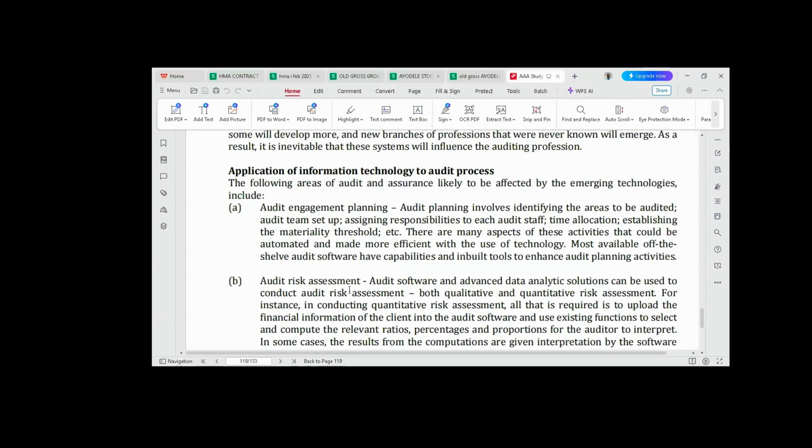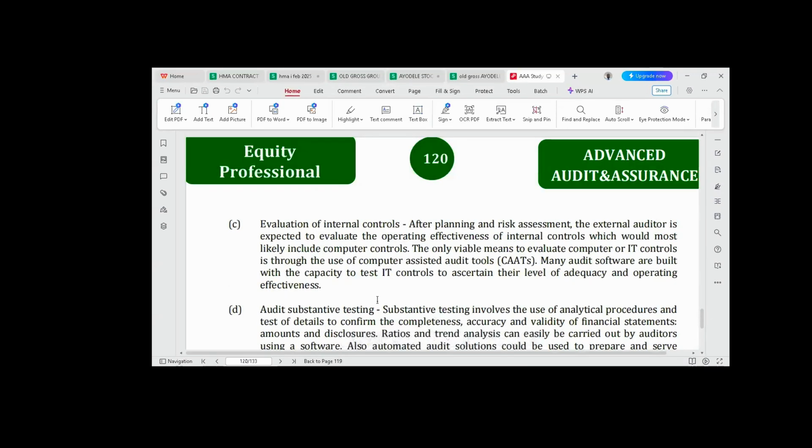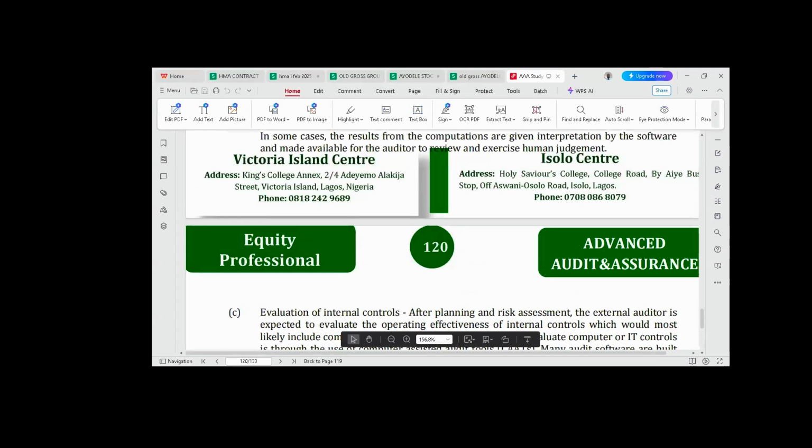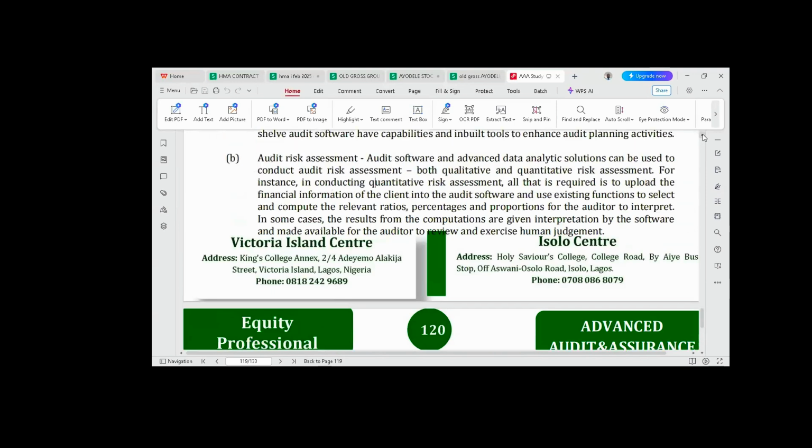So once the information is there, the application will select those key data necessary to compute the what? The ratios. All right. So that is what the software has been able to do for the audit firms, especially for the auditors now.